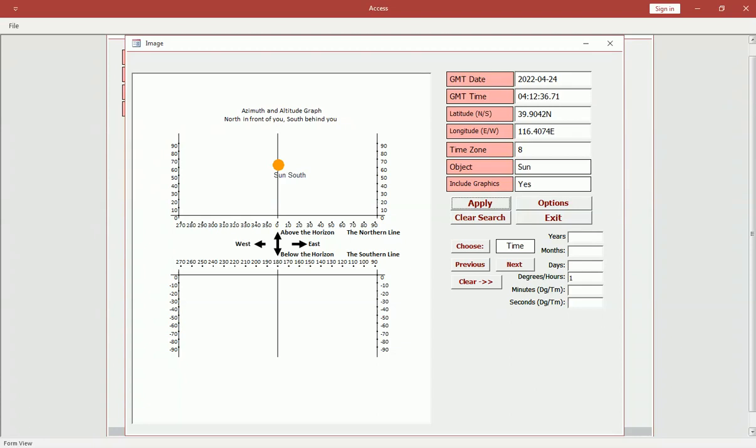So the azimuth of the sun at this position is 180 degrees, not 0, but 180 degrees. Now, in this graph, we are facing north. North in front of you, south behind you. We are facing north. So the sun is about 65 degrees altitude behind you.